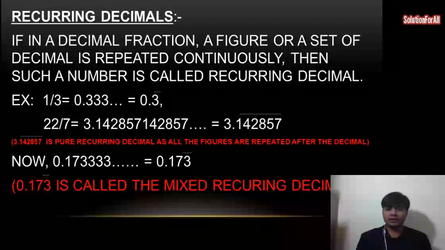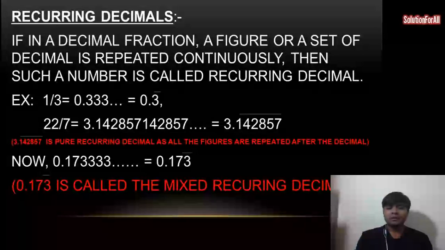I have written something in red color here. 3.142857 with a bar above it is a pure recurring decimal, as all the figures are repeated after the decimal. If I'm getting 2, 3 or even more different figures after the decimal, and the same set goes on repeating itself, then in general it is called a recurring decimal, but in a specific way I can call it a pure recurring decimal.